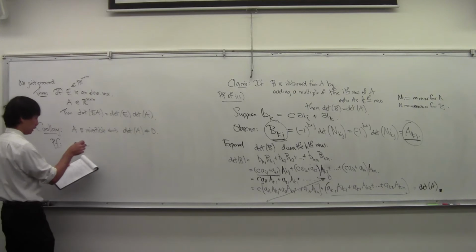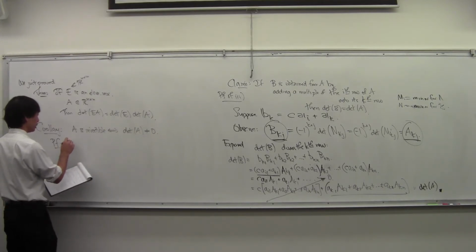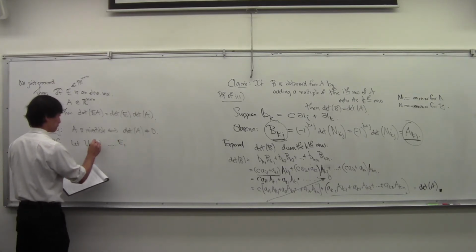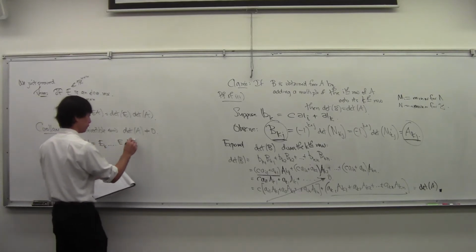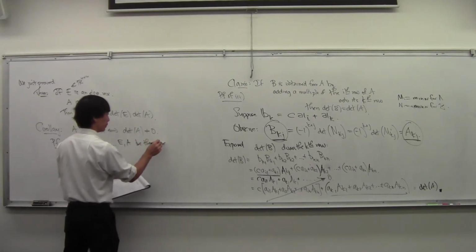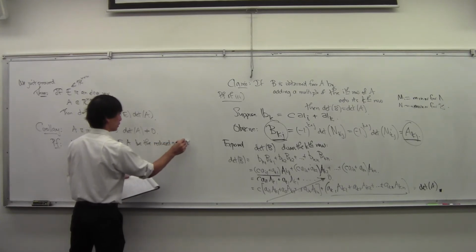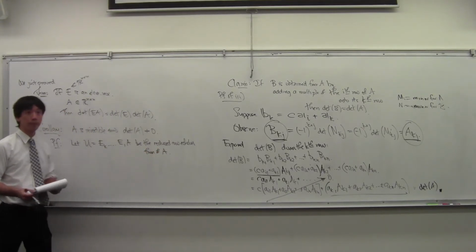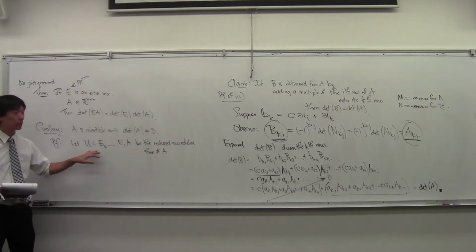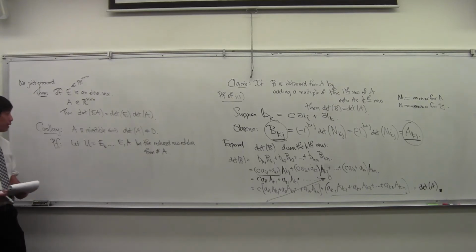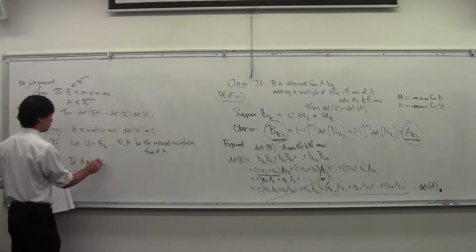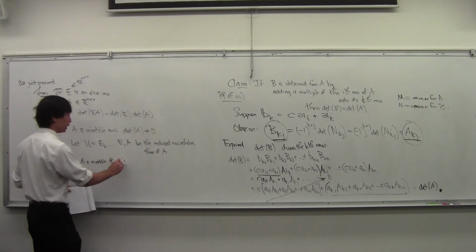And here's the proof. You say, okay, let U be the reduced row echelon form of A. If A is invertible, then U is what?